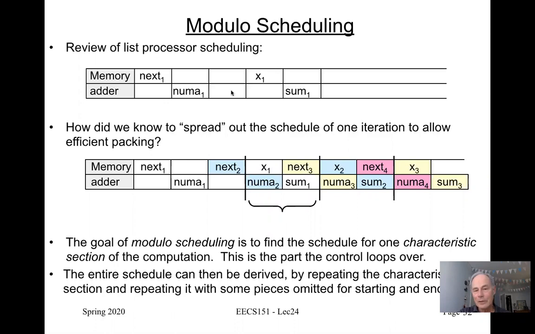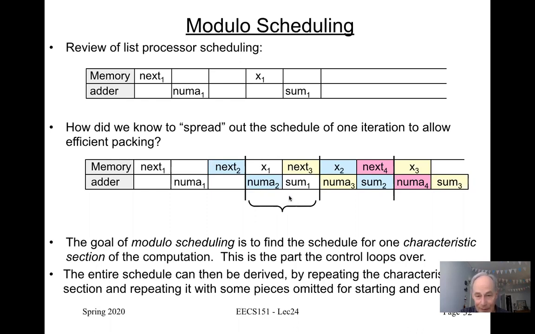We did this little tricky thing where we spread out the iteration a little bit in time, in order to make it better for overlapping other iterations on top of this one. How did we know to spread this out? Well, there's a technique for figuring this out called modulo scheduling, and the goal is to find the schedule for one characteristic section of the computation.